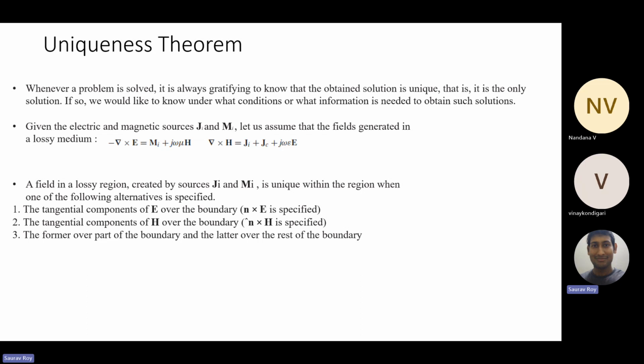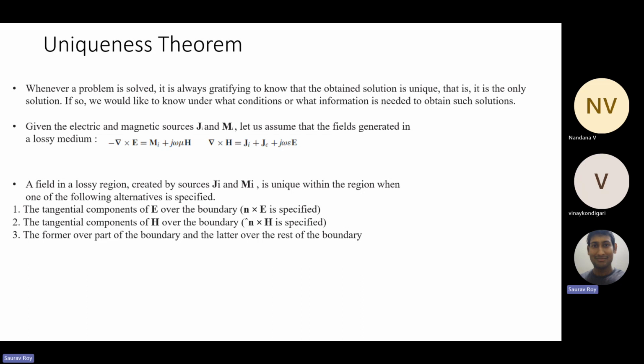Now the thing is that any equation can have multiple solutions. Like in our wave equation only in terms of electric field, there can be multiple solutions. So how do we know that this solution is the only solution? If there are many solutions, then we'll be confused, right? We don't know which one to take. So we want a unique solution. So that is what is given by the uniqueness theorem.